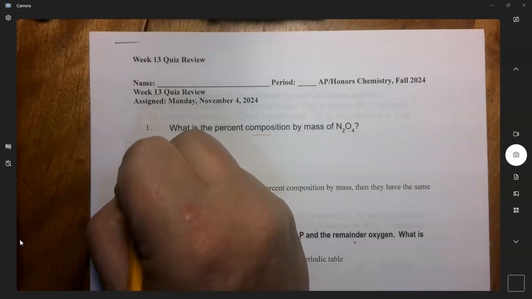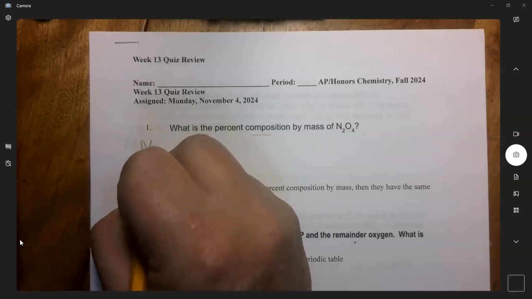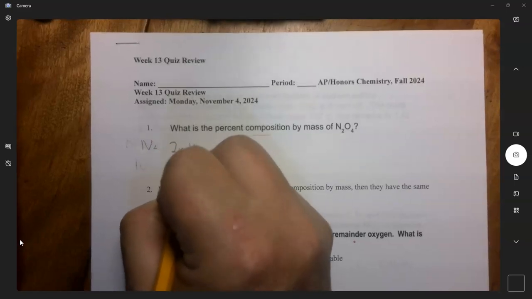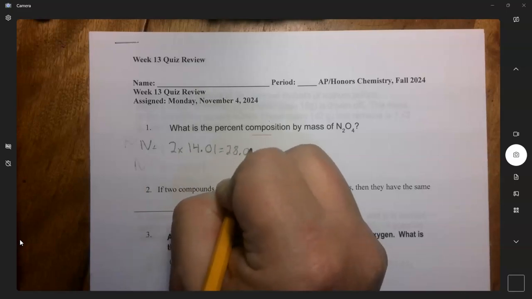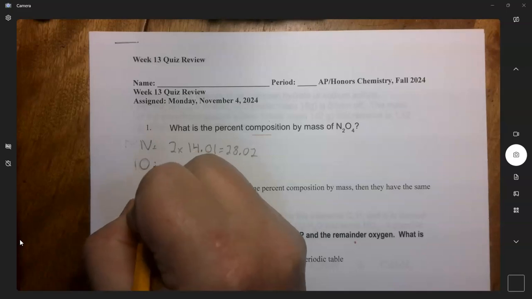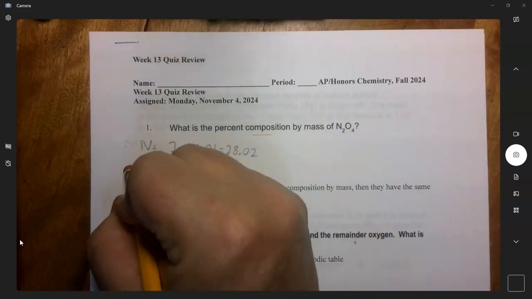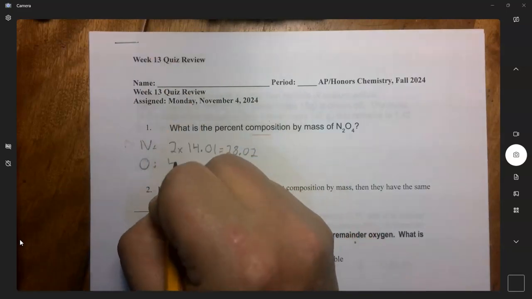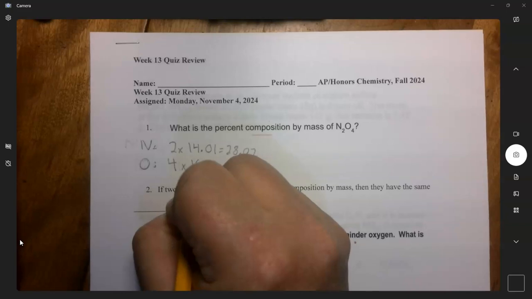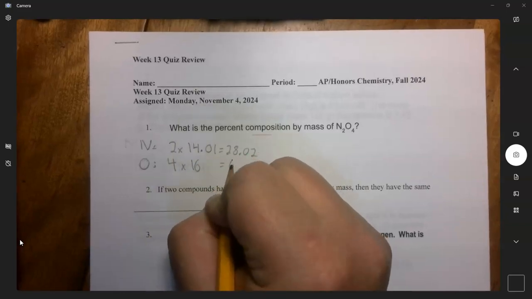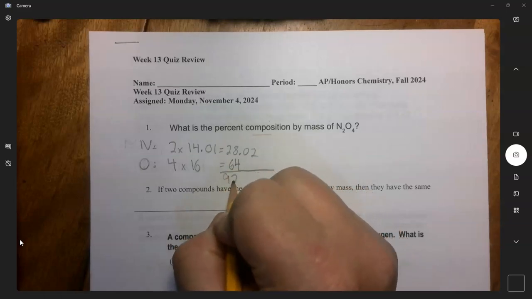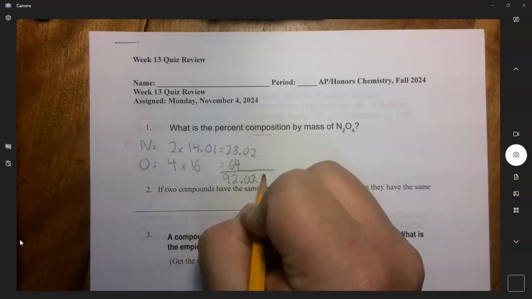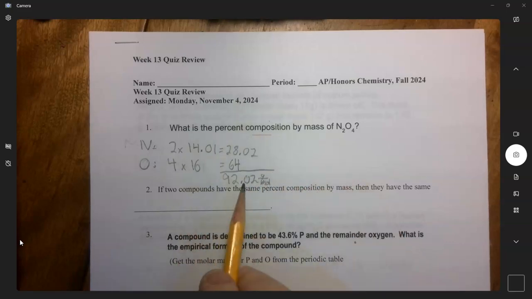So let's do this. Calculate the molar mass. Okay, and it's 92.02 grams per mole for N2O4.